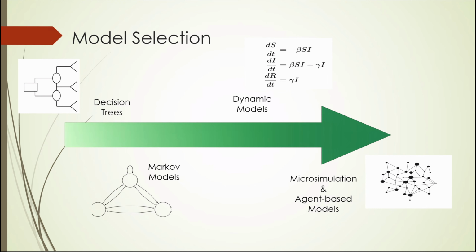Then we talk about dynamic models, which try to compensate for the limitations of Markov models. And finally, we have microsimulation and agent-based models that we are not going to discuss in this lecture, but they're the equivalent of precision medicine, I would say, because they try to capture individual level data in modeling.